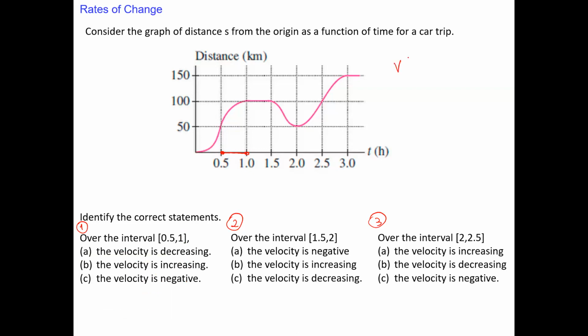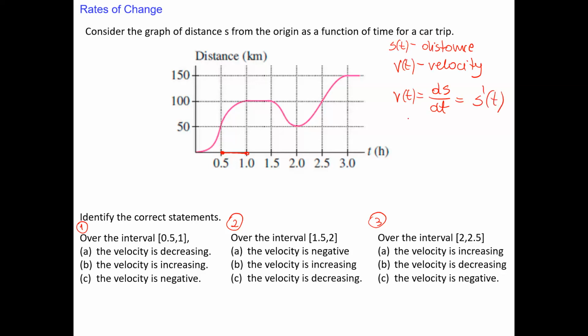Let's actually, when we have this position function, that means this is distance, position. Then velocity, v of t, we remember velocity is the rate of change of the distance with respect to time, which actually is the derivative of this.